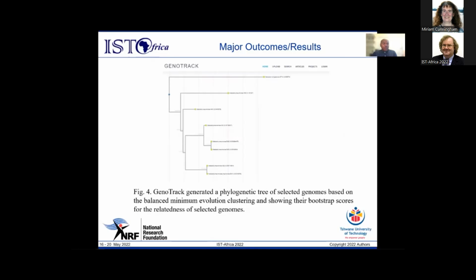And after the alignment has been done, you're going to get the phylogenetic tree. The phylogenetic tree allows you to see how closely related your genome of interest is to the ones that are already in the database.